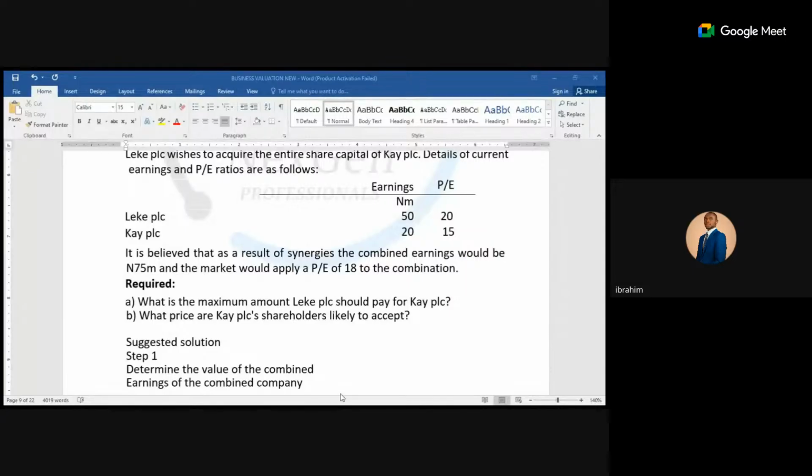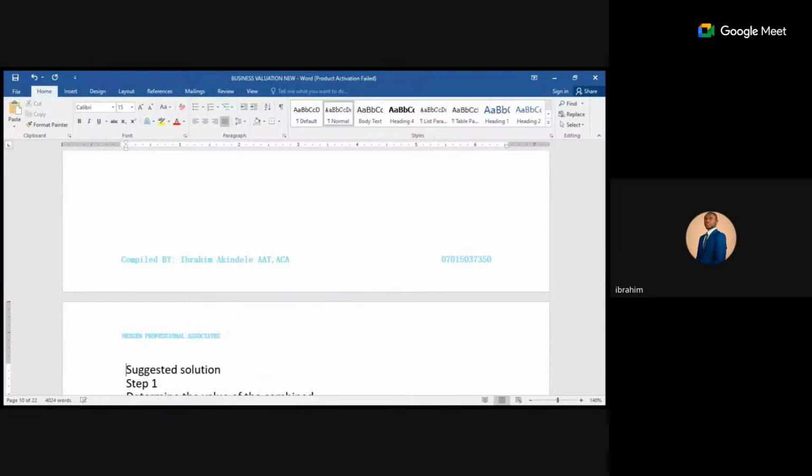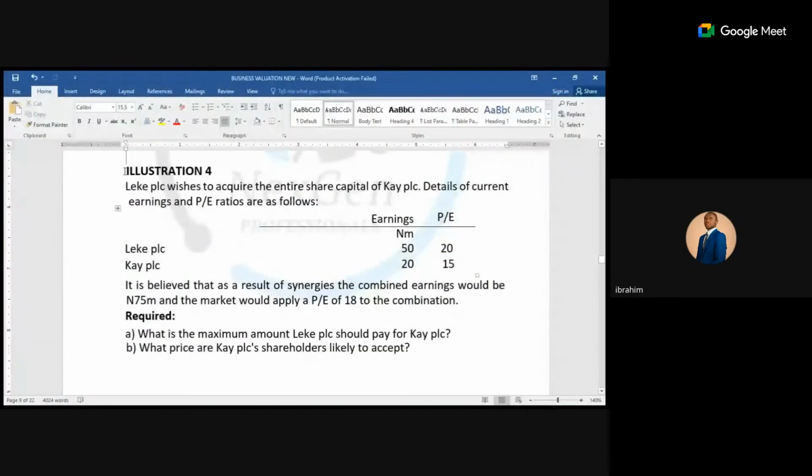That will be their earnings times the PE ratio of the combined company. When you are faced with an acquisition and you need to determine the maximum price that Mr. A will pay for B, the first thing you need to do is to determine the earnings of the combined company.